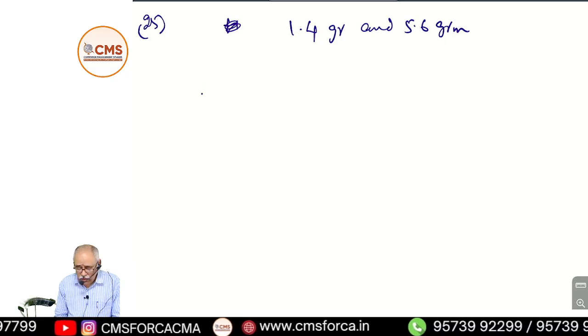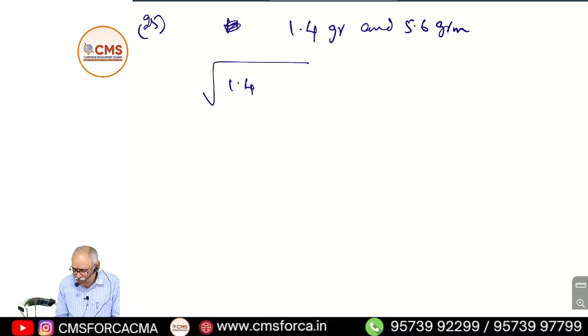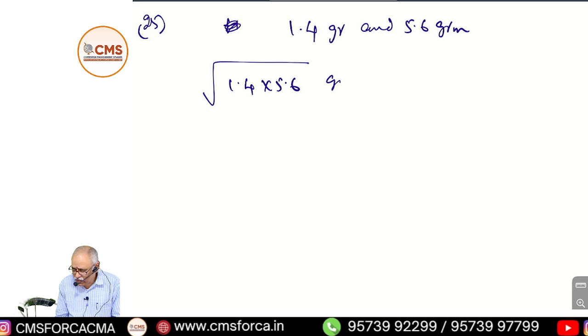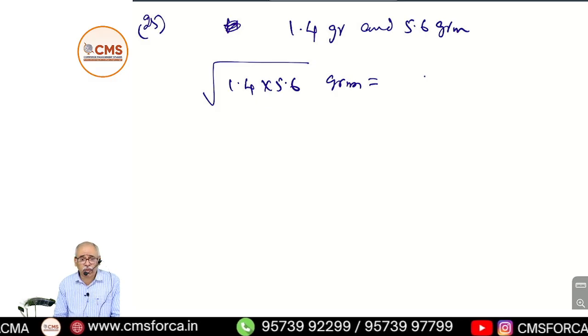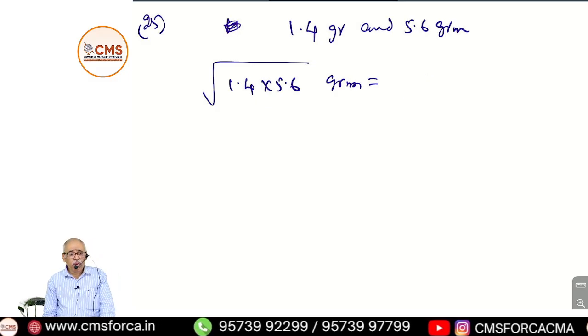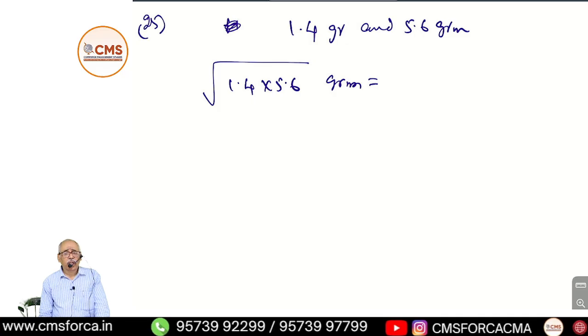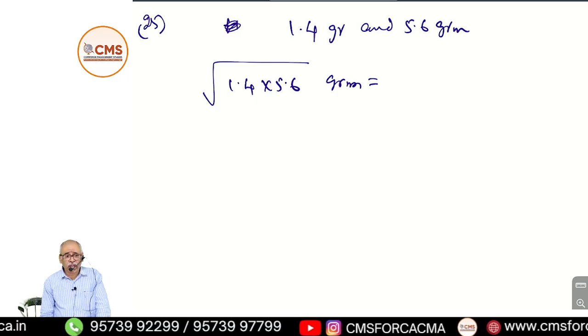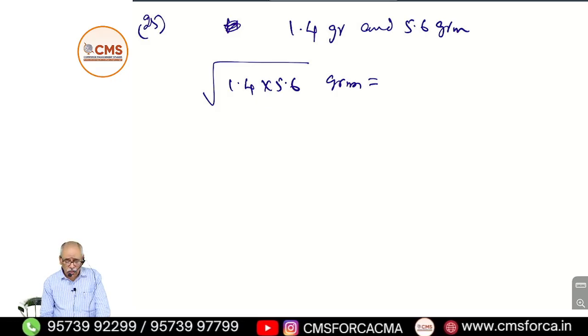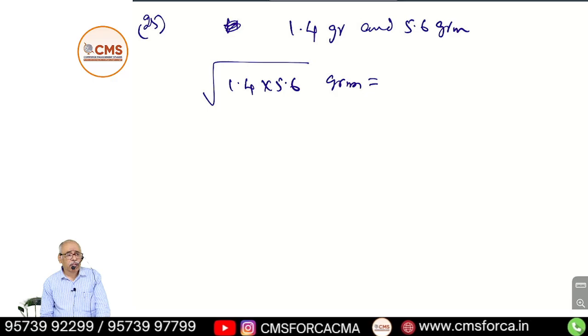How will you write it? Square root of 1.4 into 5.6 grams. 1.4 is 14 by 10, and 5.6 is 56 by 10. 14 is 7 twos, 56 is 7 eights.